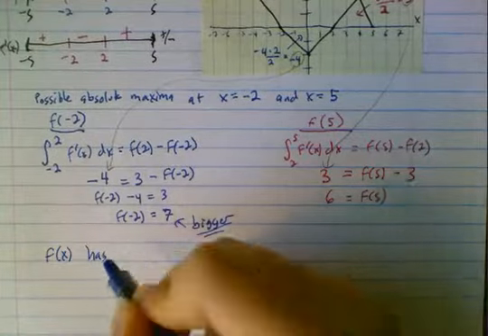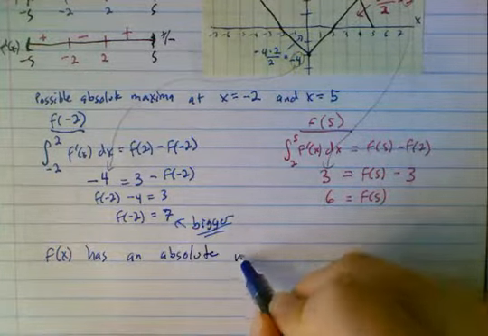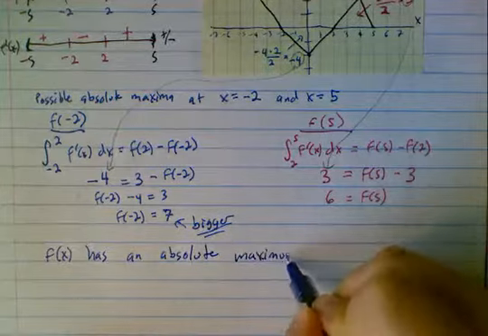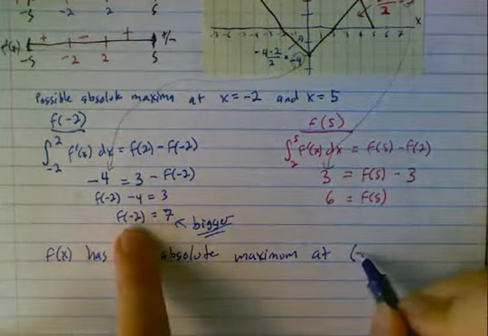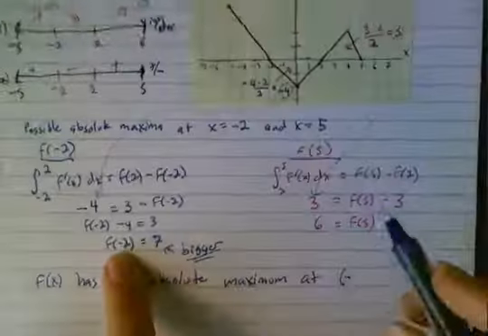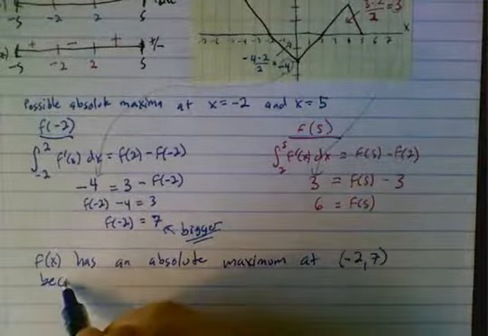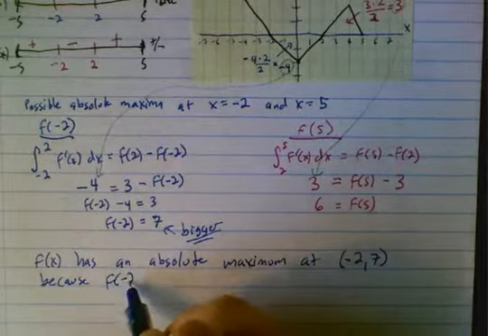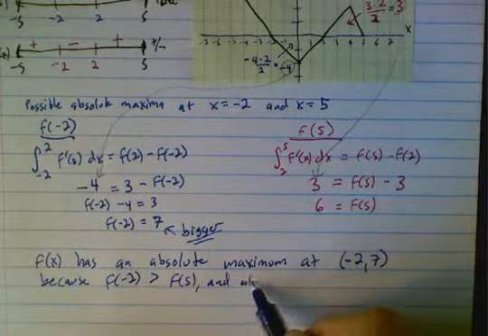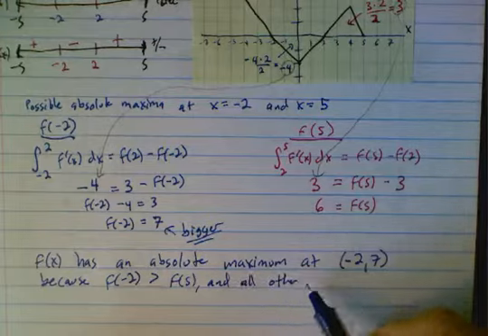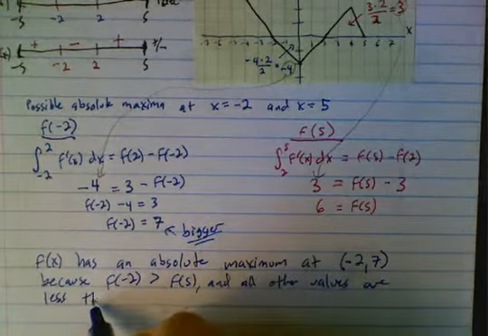F of x has an absolute maximum at the point, because it's asking for the coordinates, the xy coordinates right here, negative 2 comma 7. Because f of negative 2 is greater than f of 5, and all other values are less than these.